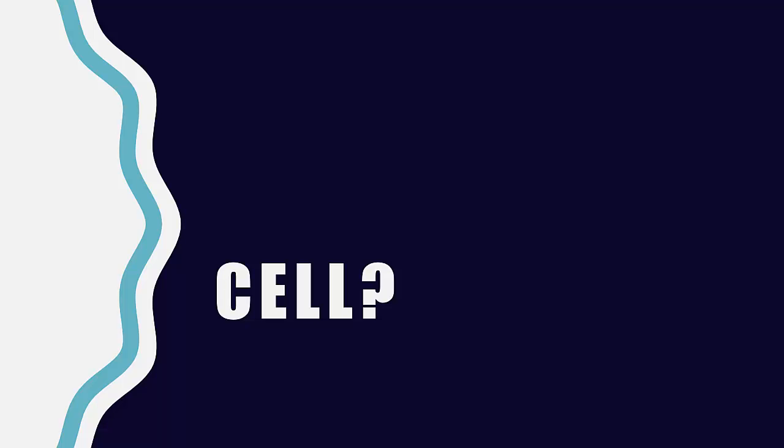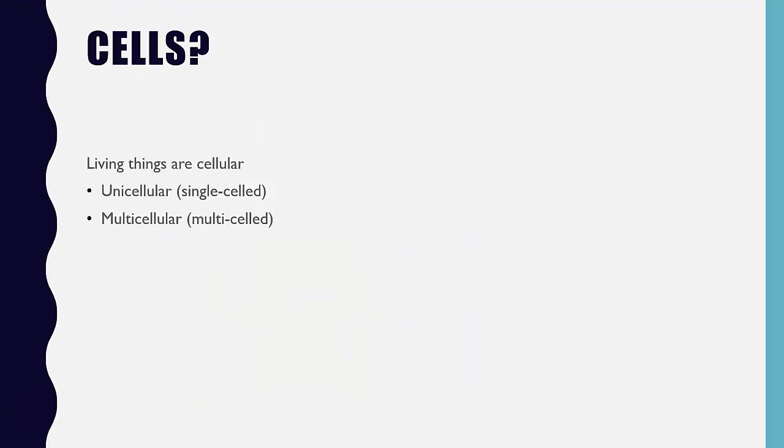But cells. Why are we talking about cells? What are cells? If you remember way back in biology class, cells are considered the smallest unit of life. Now, that was just something that I memorized, but what does that really mean, especially as it relates to microbiology? Well, if you're talking about a living thing, it has to be a cell or many cells working together to make that living organism.